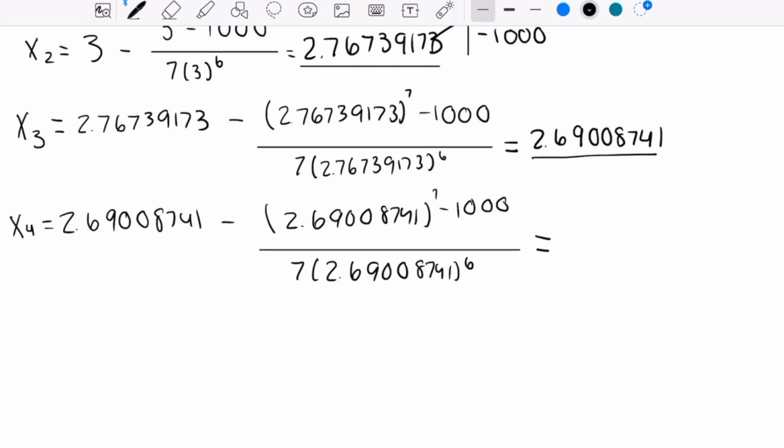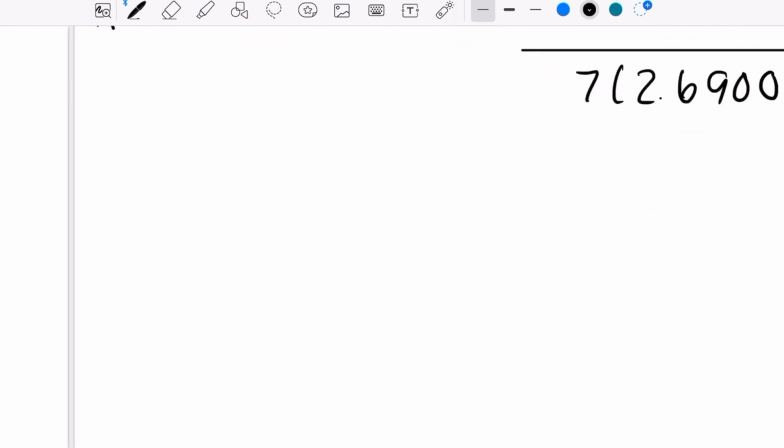And this will give us 2.68275645. These two are not the same, so we do it again.